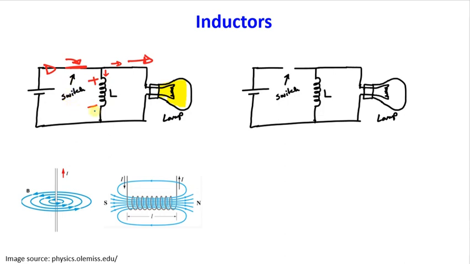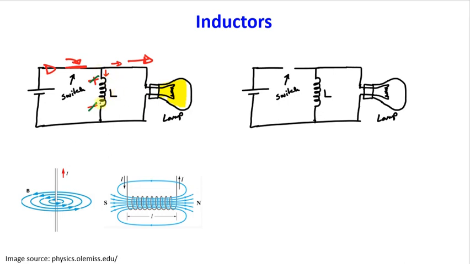When the magnetic field is saturated, there is no EMF, right? And in that situation, this inductor, if it is an ideal inductor, offers 0 resistance.